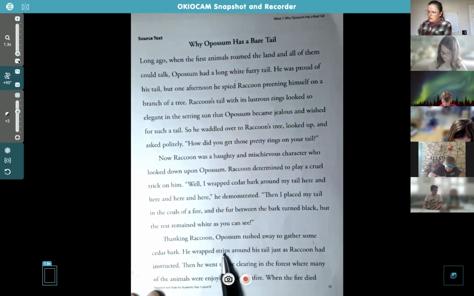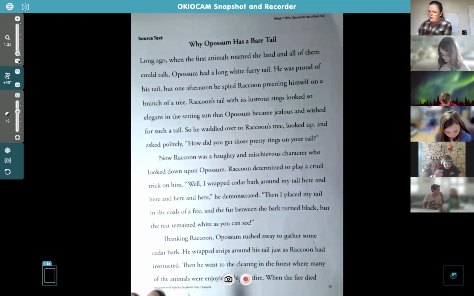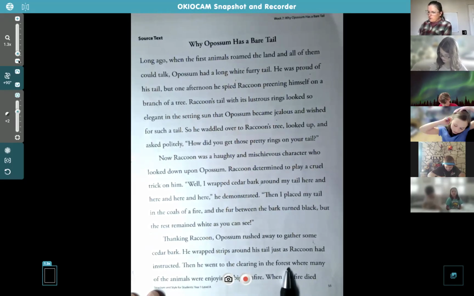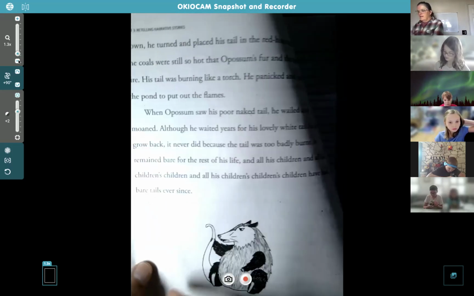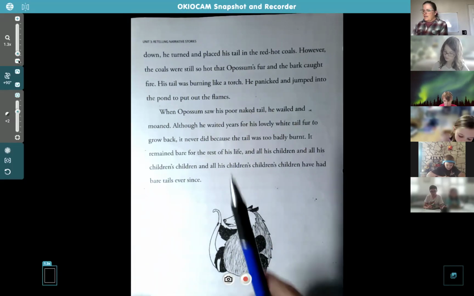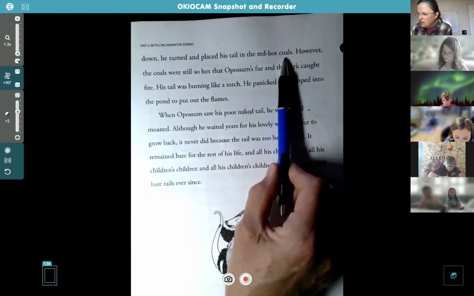He wrapped strips around his tail just as Raccoon had instructed. Then he went to the clearing in the forest where many of the animals were enjoying a big bonfire. When the fire died down, he turned and placed his tail in the red hot coals.